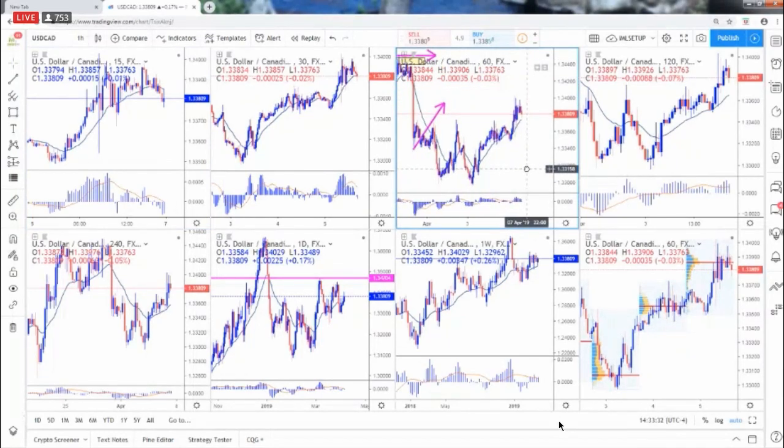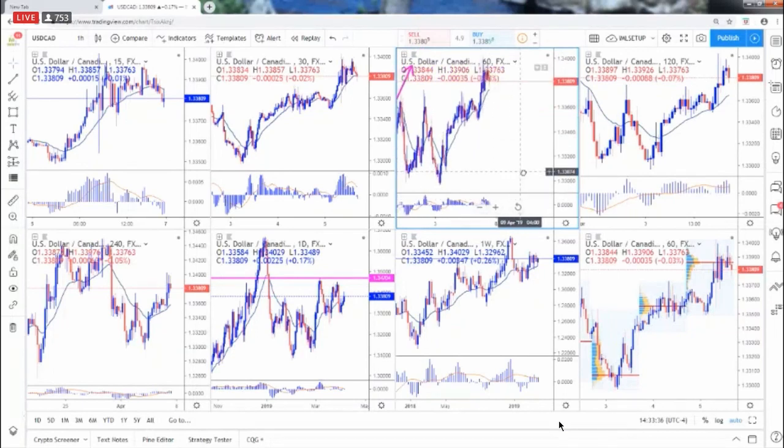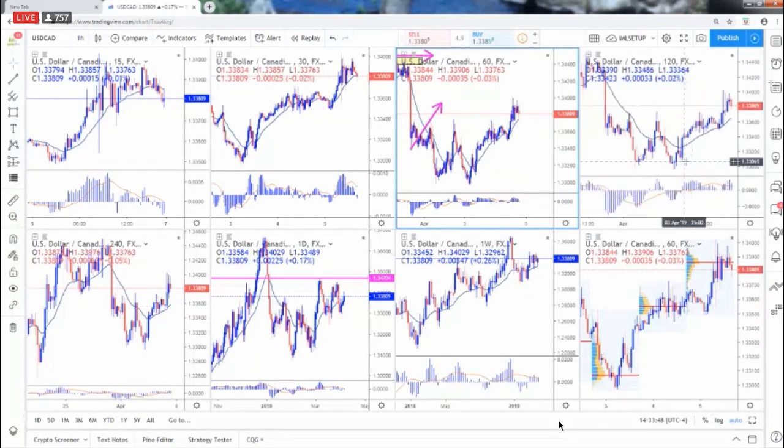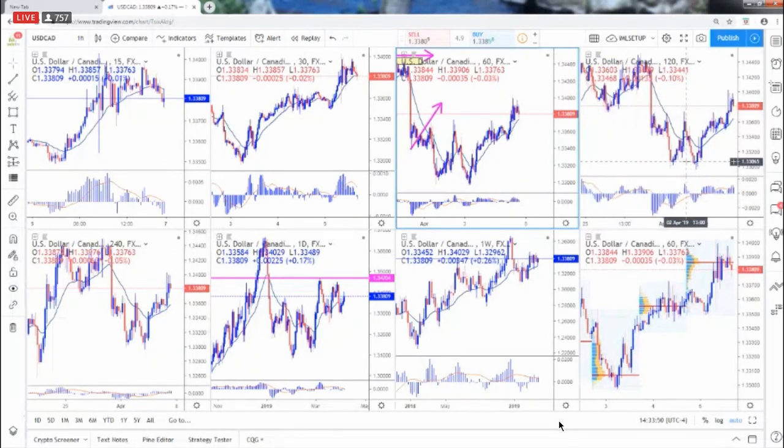AUD USD, CAD USD. Okay, not seeing much here. Not seeing much here whatsoever. I wouldn't touch this market. It's not telling me much.